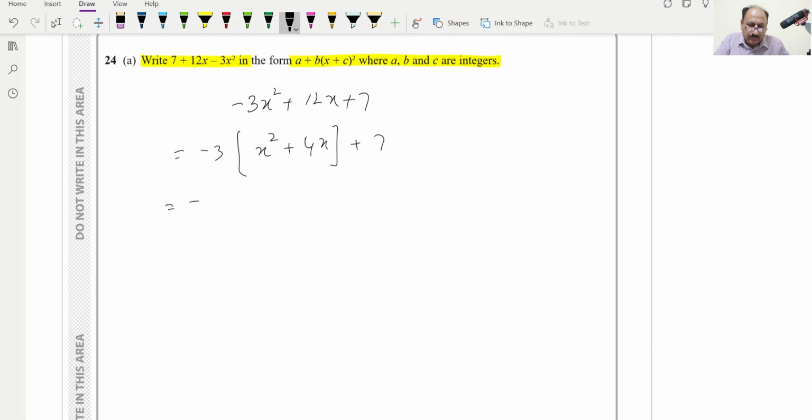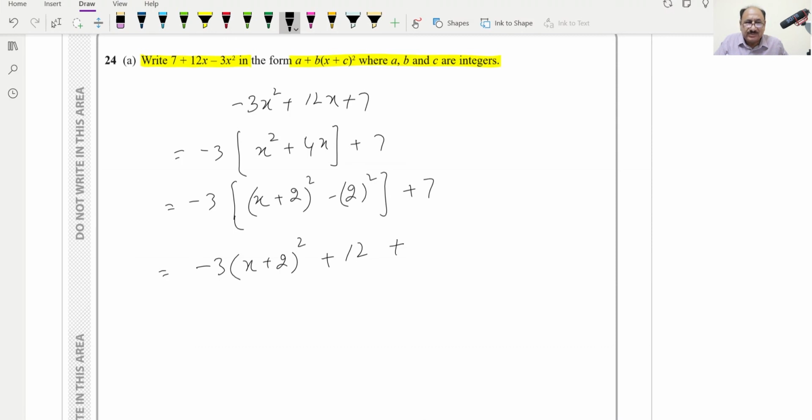And now we can apply the completing square method, so this will be x plus 4 by 2, so 2 squared and minus 2 squared, bracket close, and plus 7. And now we can open this bracket, so 3 into x plus 2 squared and minus 3 into 4, so it will be minus 12 and plus 7.